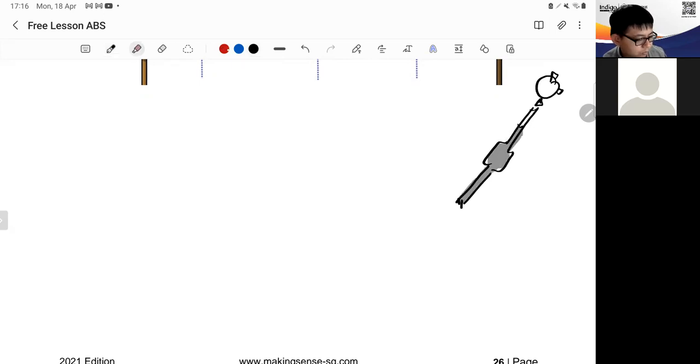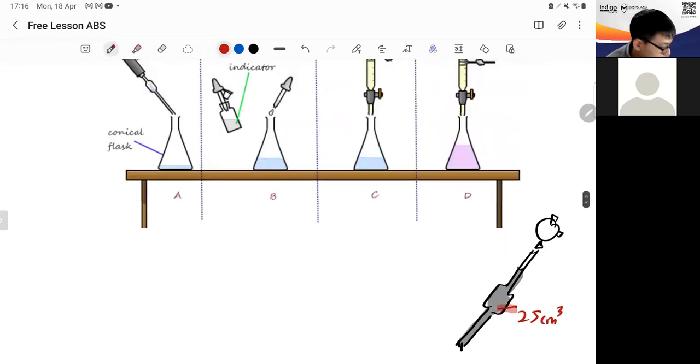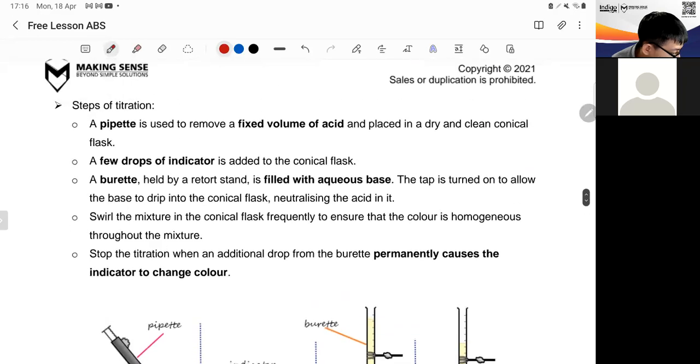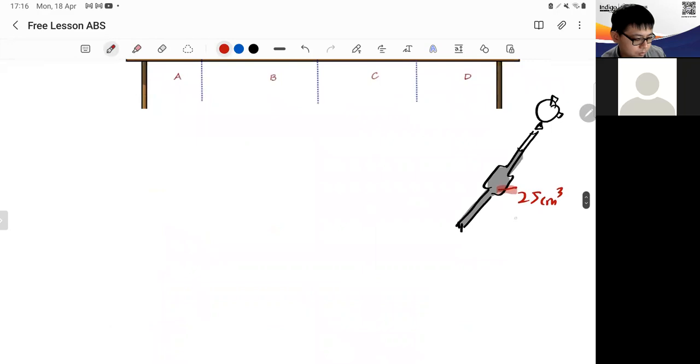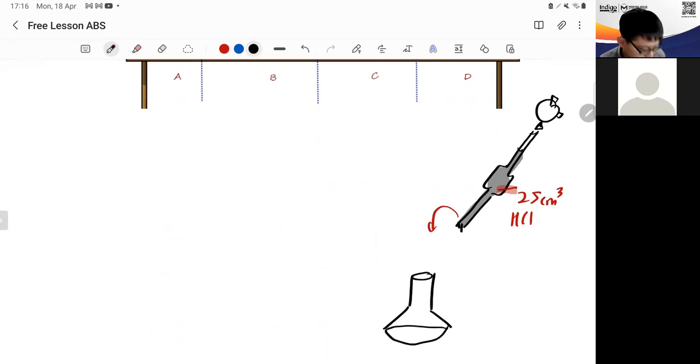I would say 25 cm cube of something. What does this experiment ask us to do? Okay, let's just use acid. Let's use acid, maybe HCl. Okay, so it's filled up. Once this is done, I'm going to pour it into a conical flask. I'm going to pour into conical flask. Get my color out.